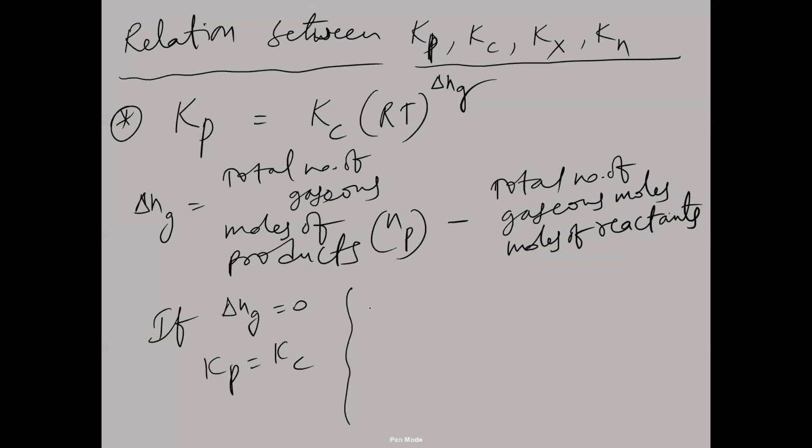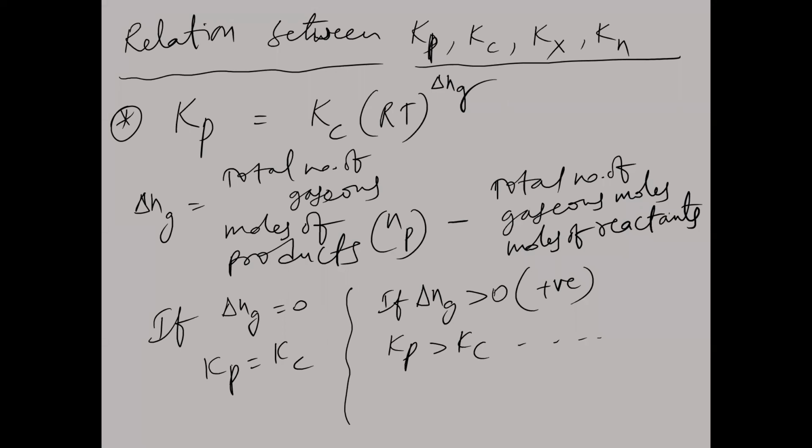If delta Ng is greater than 0, that is positive, then Kp is greater than Kc. If the delta Ng value is less than 0 or negative, Kp will be less than Kc. The same thing we take. Okay, take the screenshot now.